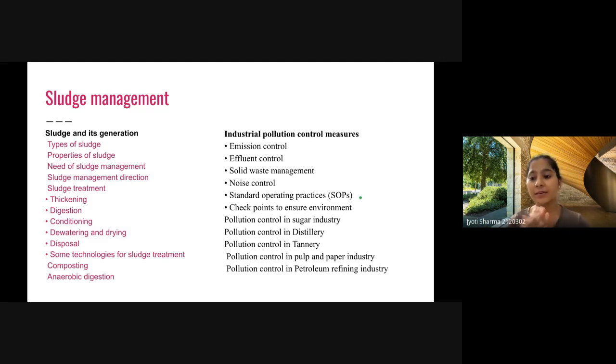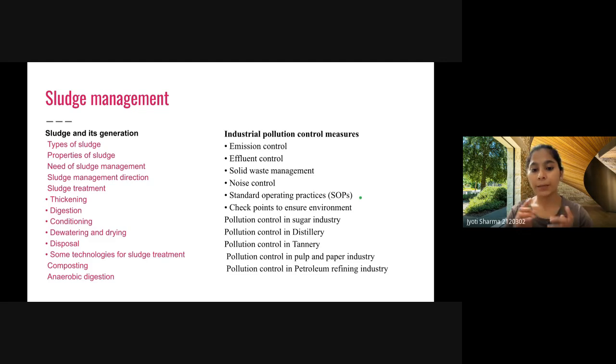If it is wastewater, then how can we treat that? Obviously, treatment would be primary, secondary, and tertiary. But based on what kind of industries we are focusing on, we have little specialized tactics that we will use so that we can treat wastewater, let's say, from the sugar industry.